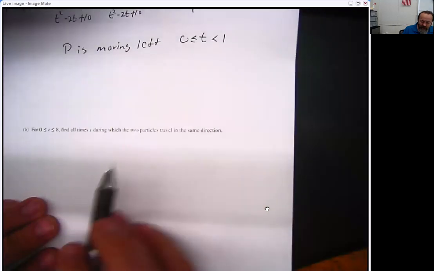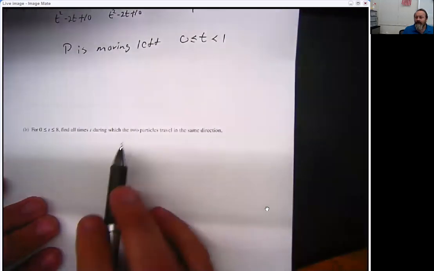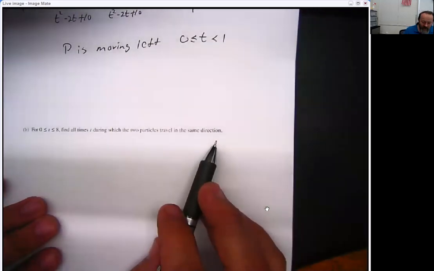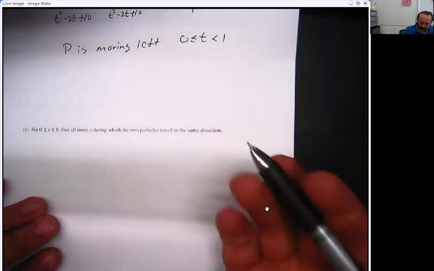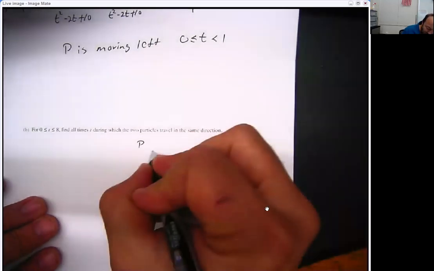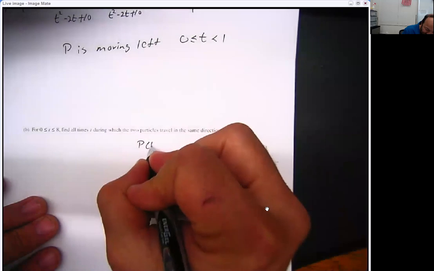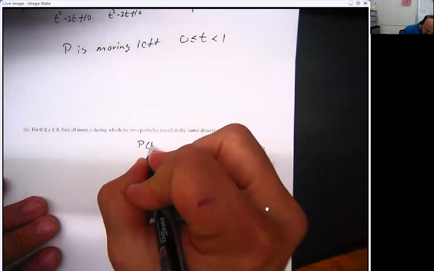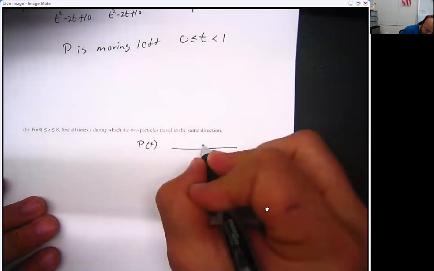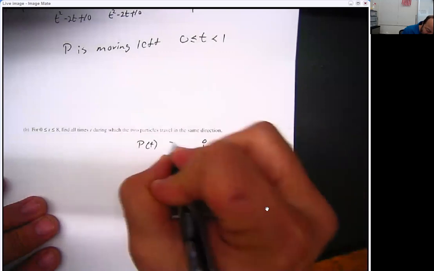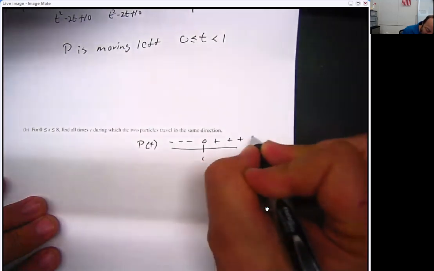Now moving a little bit further down, it's asking when both of the functions are moving in the same direction. Well, we know a little bit about P, so let's put P of t right here. P of t looked like it was this way, and it was moving this way and this way.